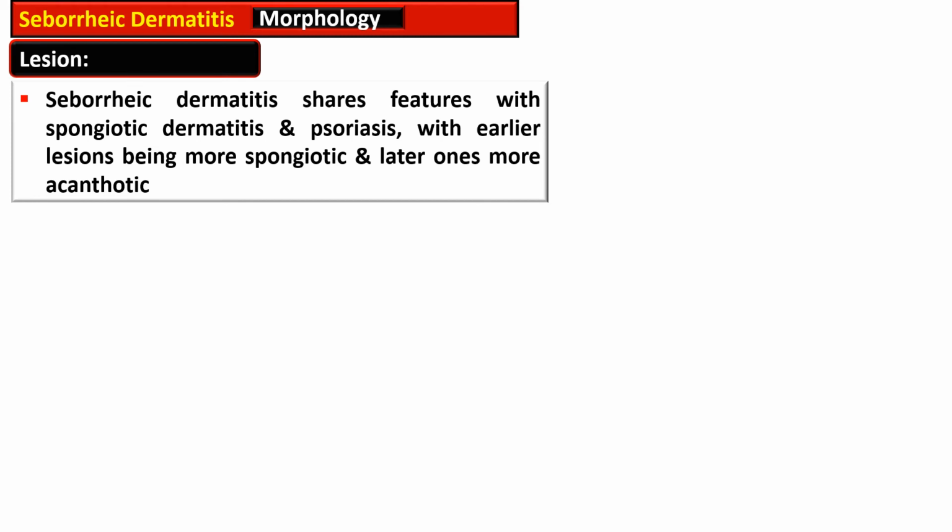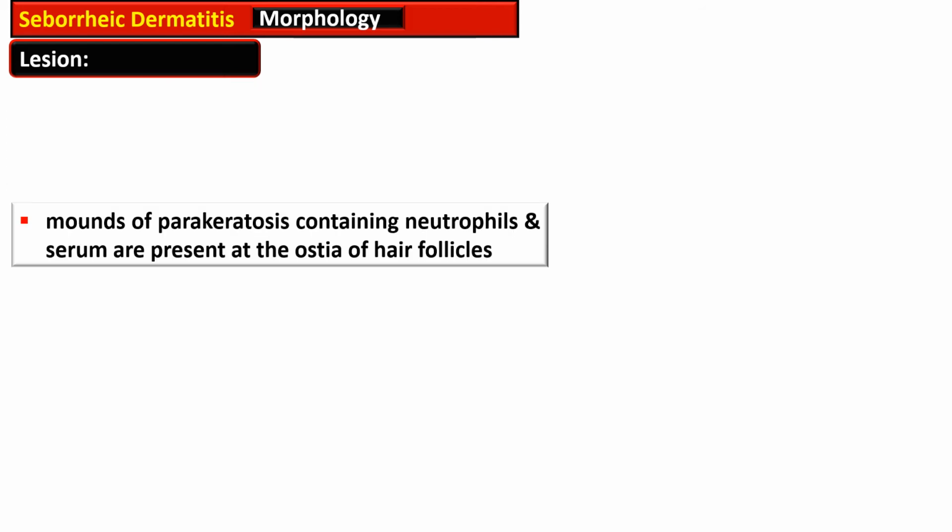The histopathological features of seborrheic dermatitis share the features of spongiotic dermatitis and psoriasis. The earlier lesions exhibit the features of spongiotic dermatitis, while as the disease progresses, the features of psoriasis or acanthotic lesions are more prominent.